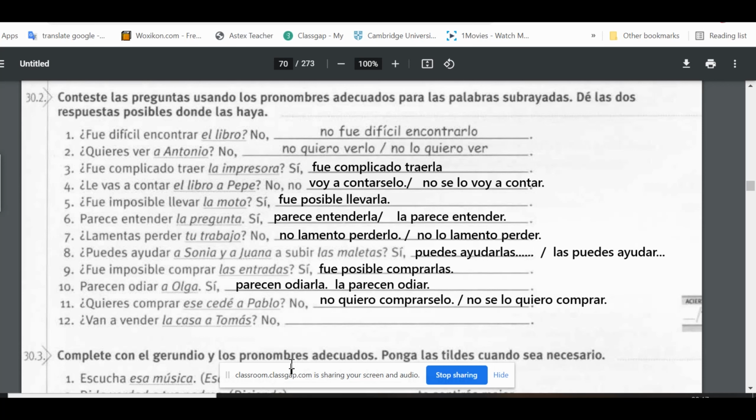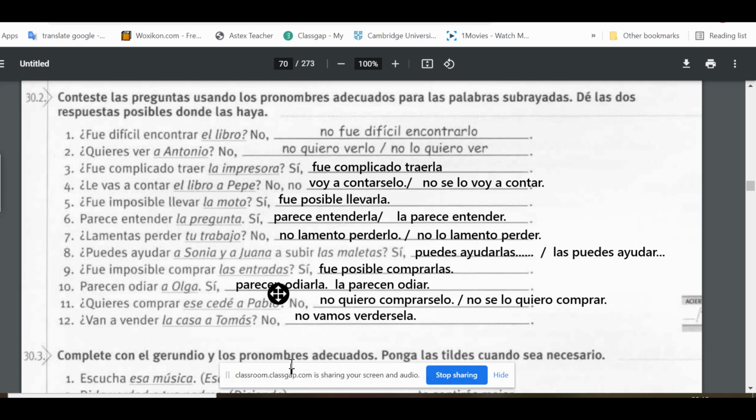"¿Va a vender la casa a Tomás?" "Van a vender la casa a Tomás." Here we are answering. So let's suppose someone is asking us. "Vamos a vender la casa a Tomás." So "la casa" is the direct object, Tomás is the indirect object. "Venderse la." Perfect.